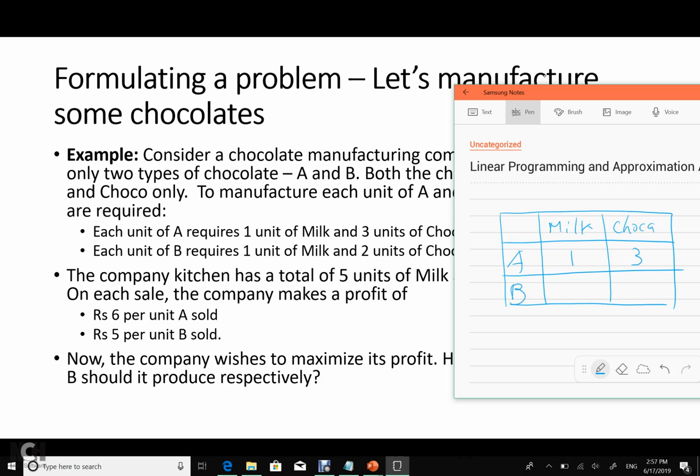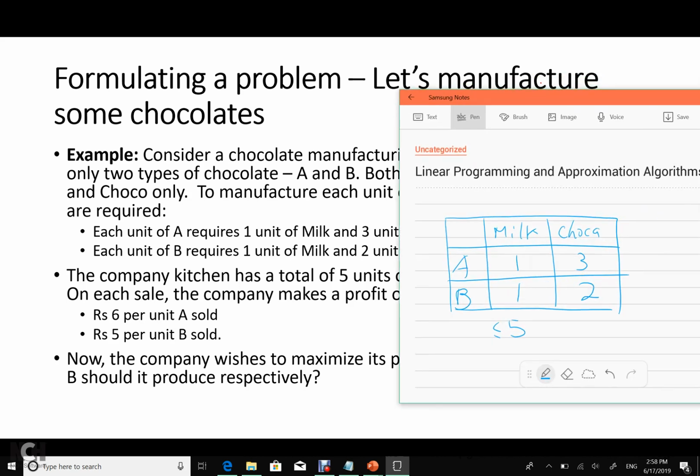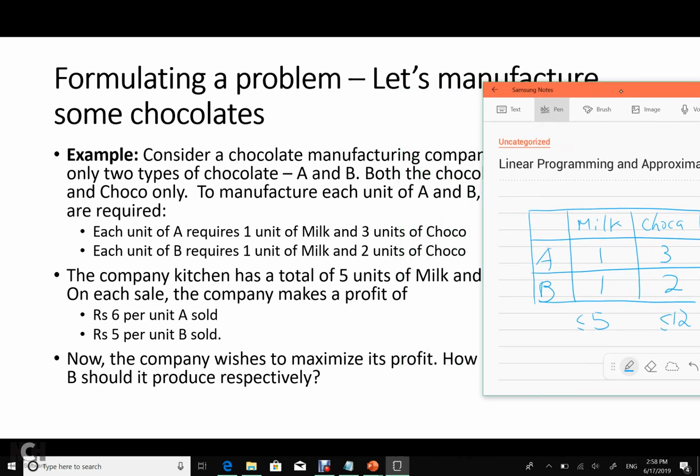To produce 1 unit of B, we require 1 unit of milk and 2 units of cocoa. And the company kitchen only has a total of 5 units of milk, so the total is smaller than or equal to 5, right? And the total amount of cocoa is smaller than or equal to 12, right?